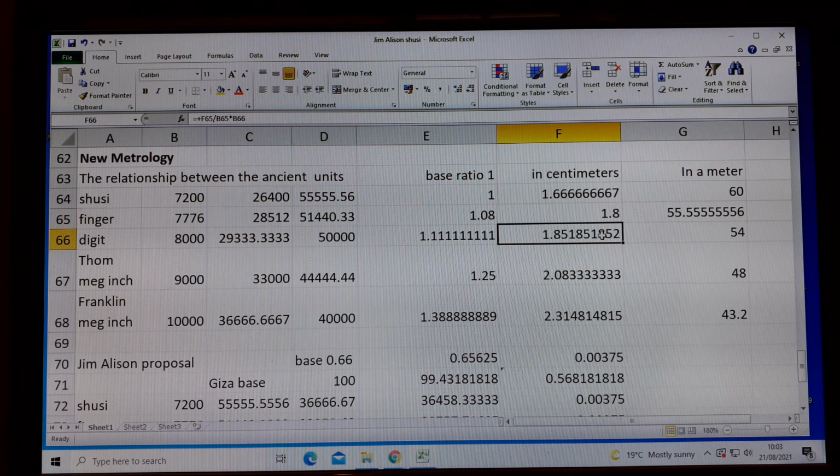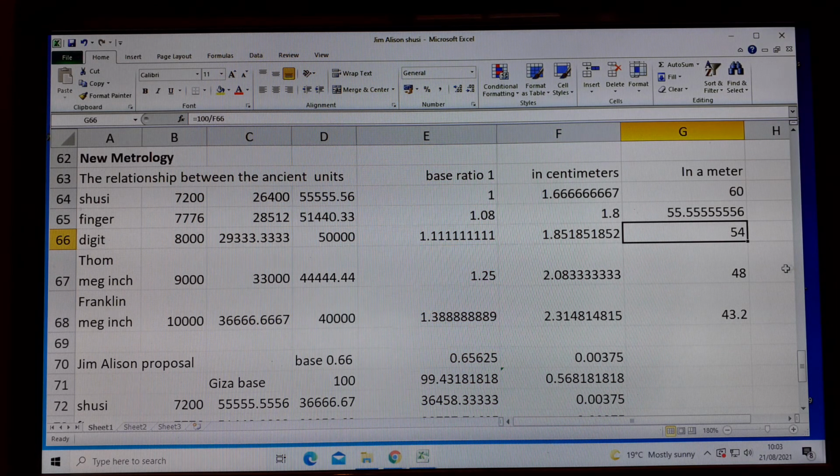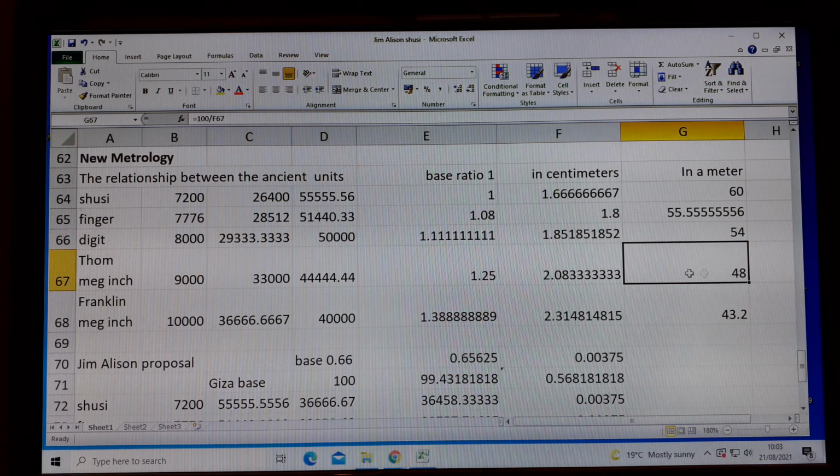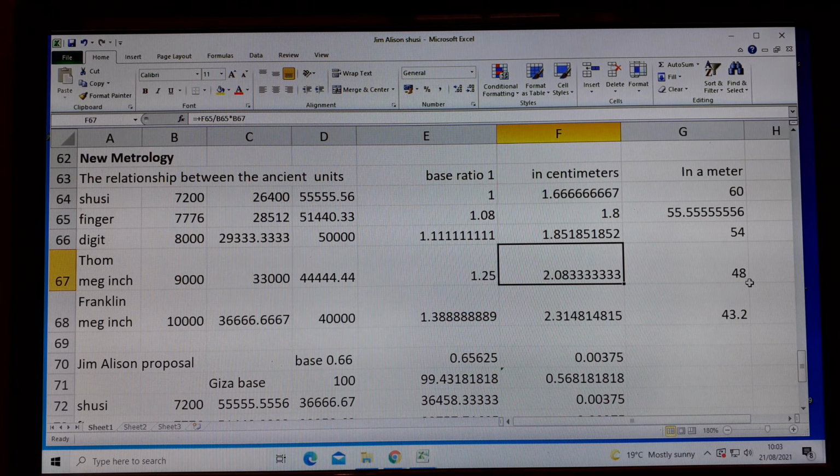And the next one is this, 1.851851 centimetres in a metre, because there are 54 digits. So that times that gives 100. And then the next one we go down to 48 and we get 2.083. That is 100.